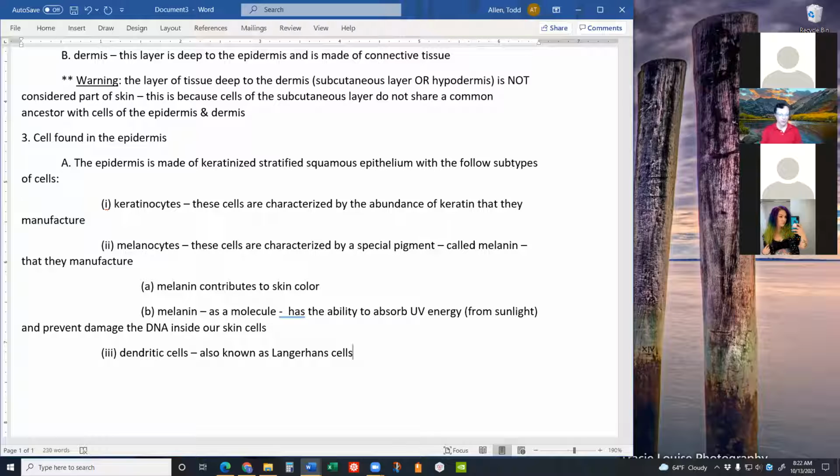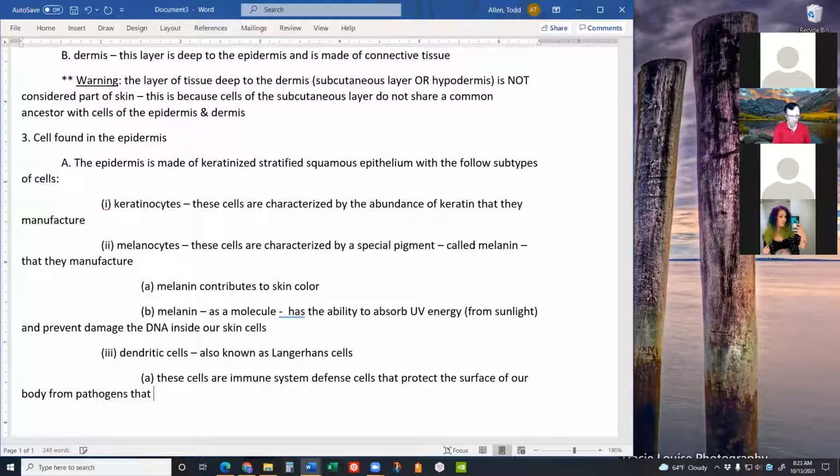These cells are immune system defense cells that help protect our skin from microorganisms and pathogens that might want to cause us harm. So dendritic cells are a type of defense cell.